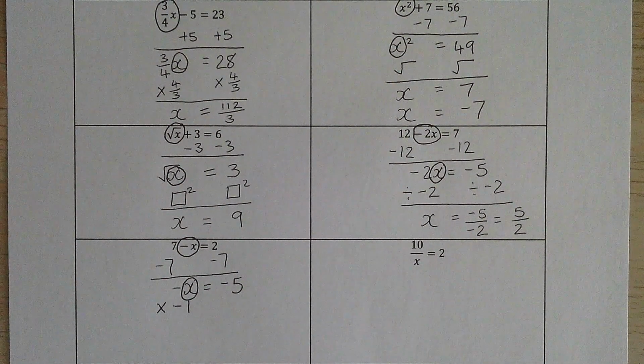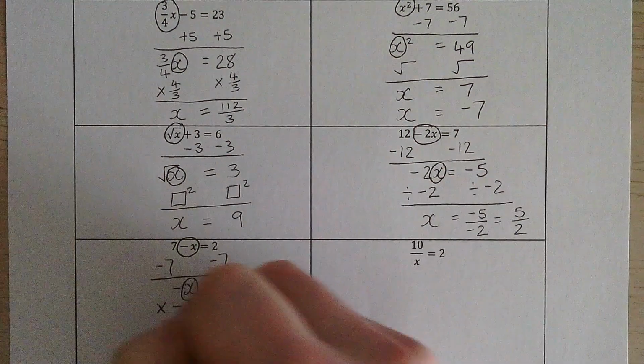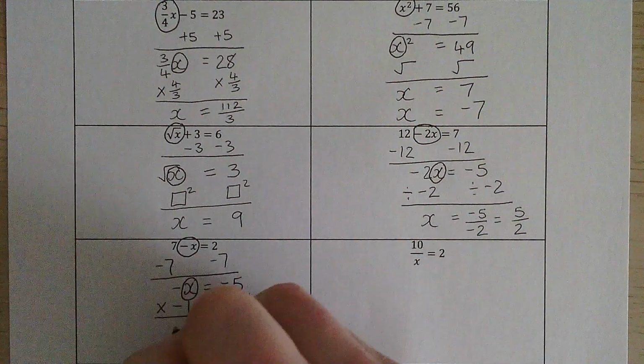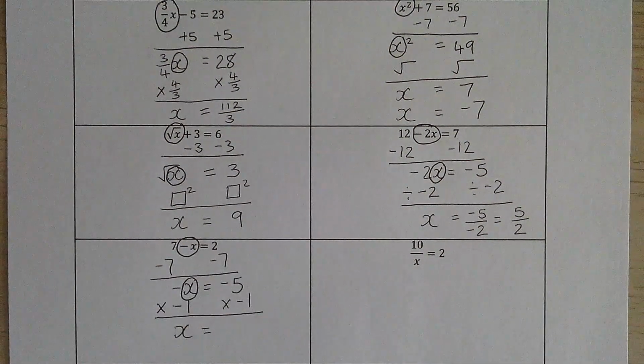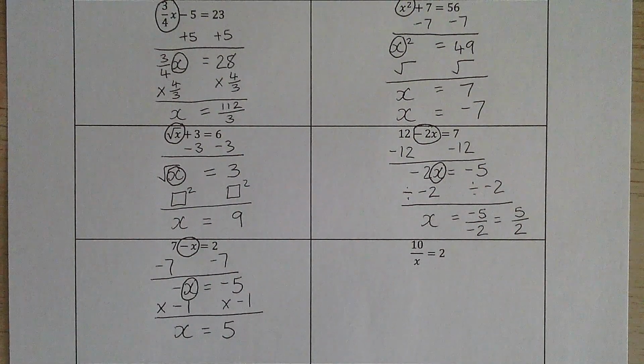Because if I do a negative times a negative, I will end up with a positive answer, and x times 1 will stay as x. So when we go through and multiply both sides, minus x times minus 1 gives us x, which is what we need for the final answer of the question. Minus 5 times minus 1 is positive 5, so our answer here is just x equals 5.